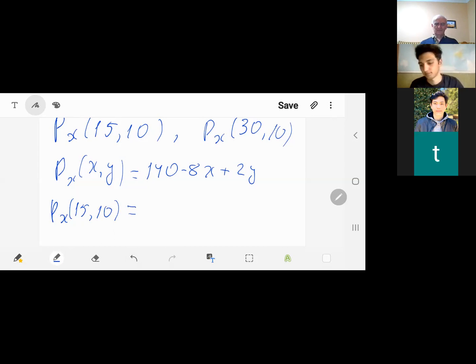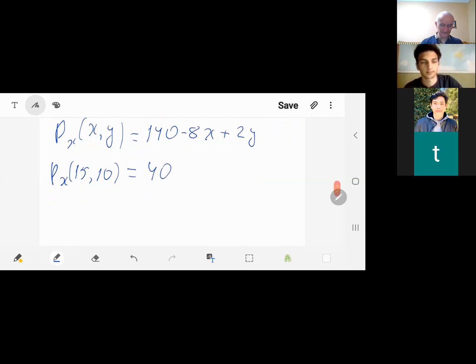Yes. So what is the final result here? 40. Okay, 40. And in the second case, P_x(30, 10), it's going to be negative 80.